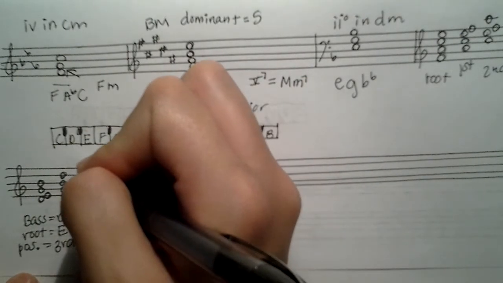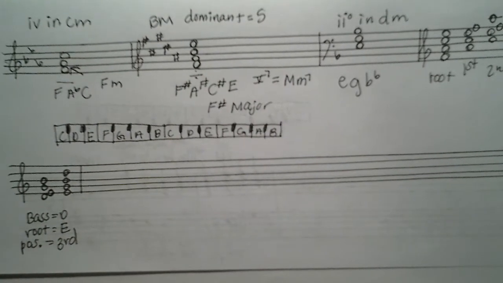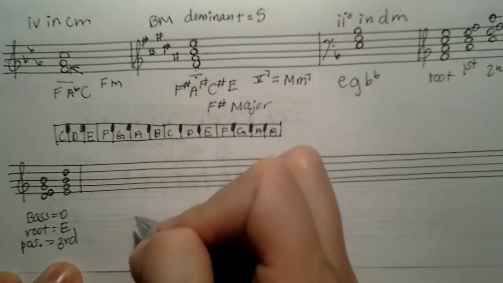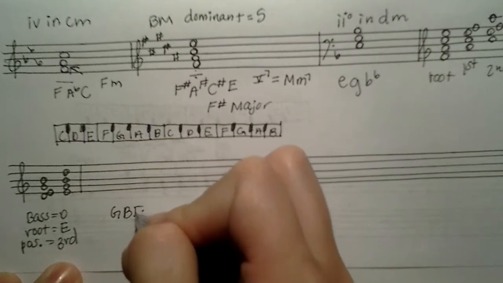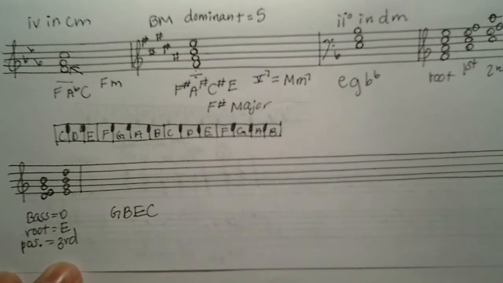Alright, so you'll have other questions that say this is the chord you have, and this is what note is in the bass. What is the root and the position? So let's say that it gives you a chord, for example, G, B, E, and C. Obviously this is not in order of thirds because B to E is not a third. So we need to figure out the order.